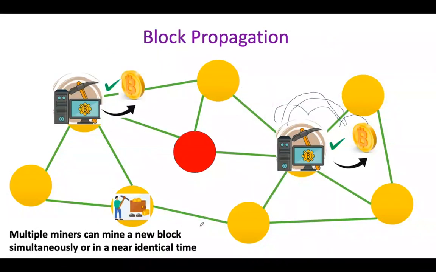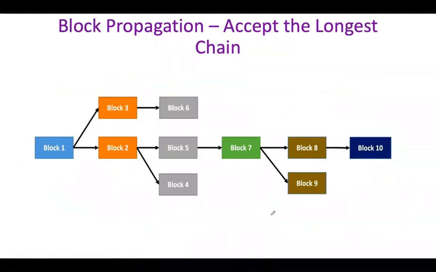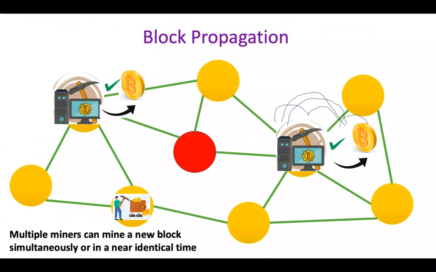Multiple miners can mine the new block simultaneously or at nearly the same time, but only one user will get the new block and the reward of some Bitcoins for the transactions. Because every miner uses their computer resources, right? Like their memory, the processor, and their energy. So for that, they will get some reward from every node that participated in the network.